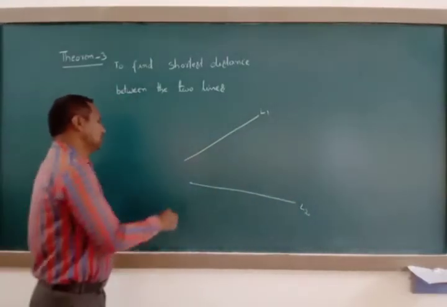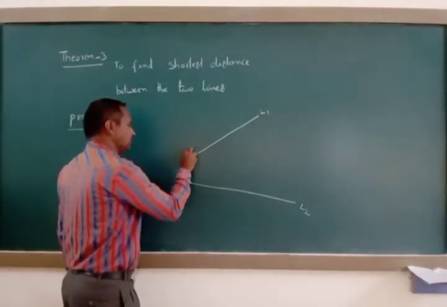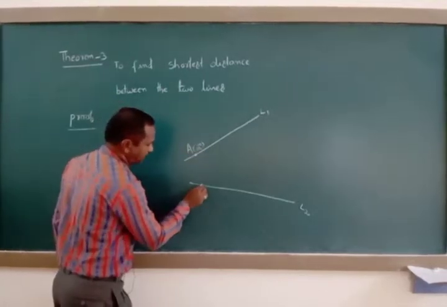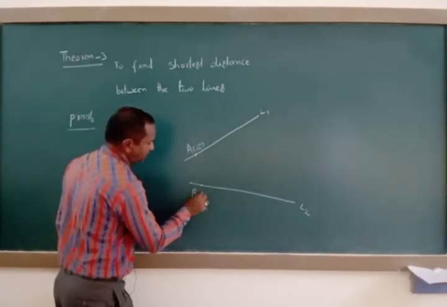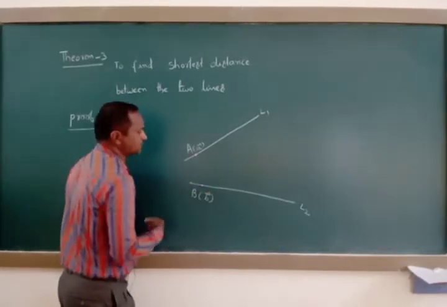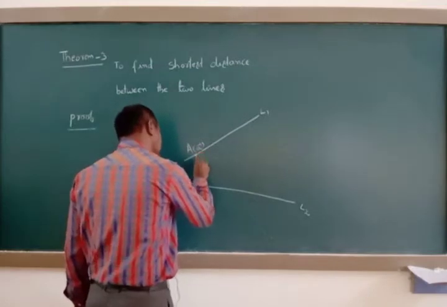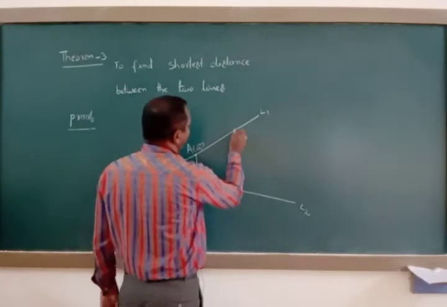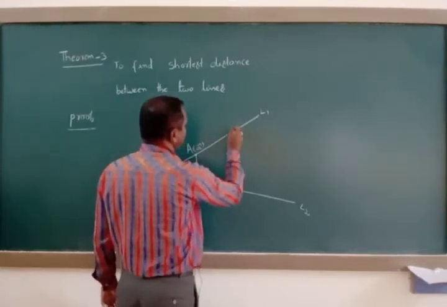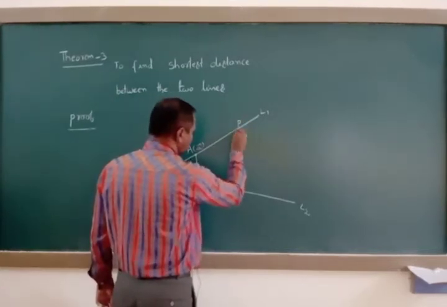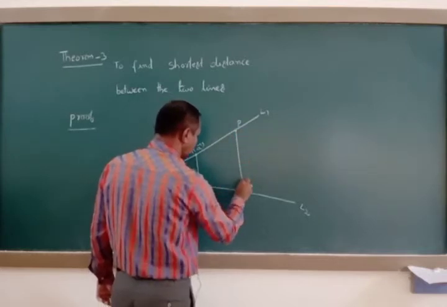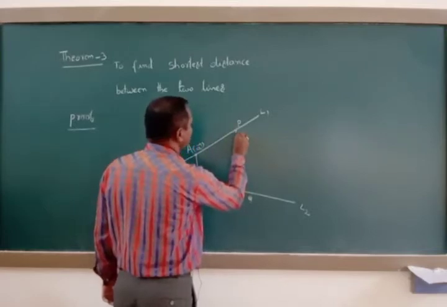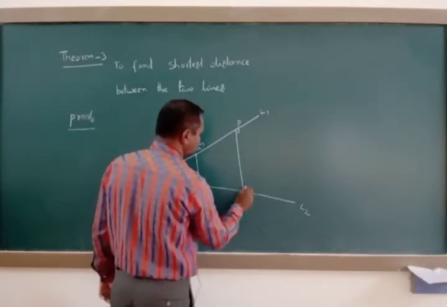Here take one point capital A with position vector small a vector, and here B, that is small b vector, and just join them. And here take one point P and Q, and its line is perpendicular to both L1 and L2.